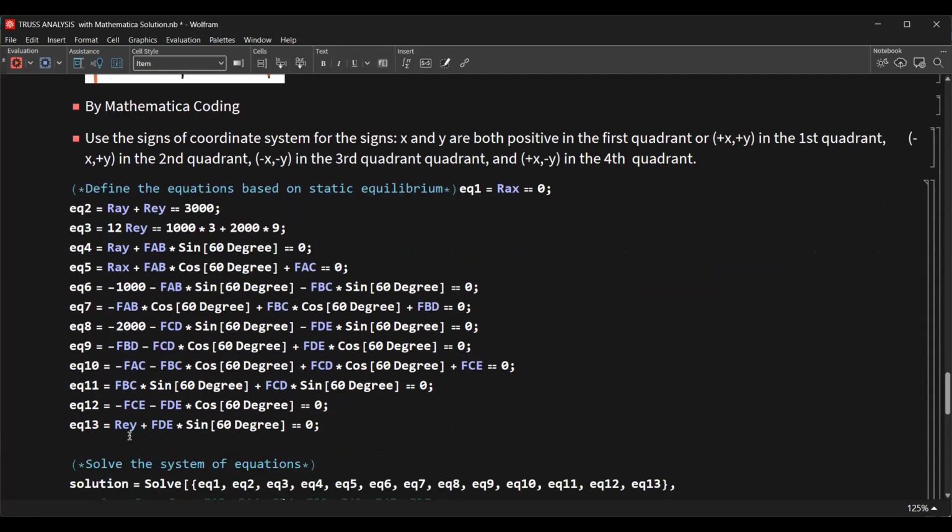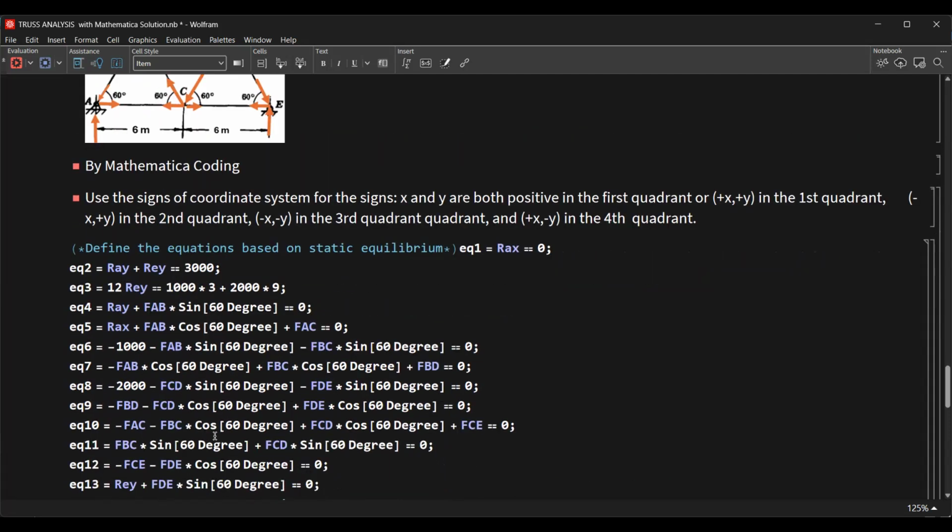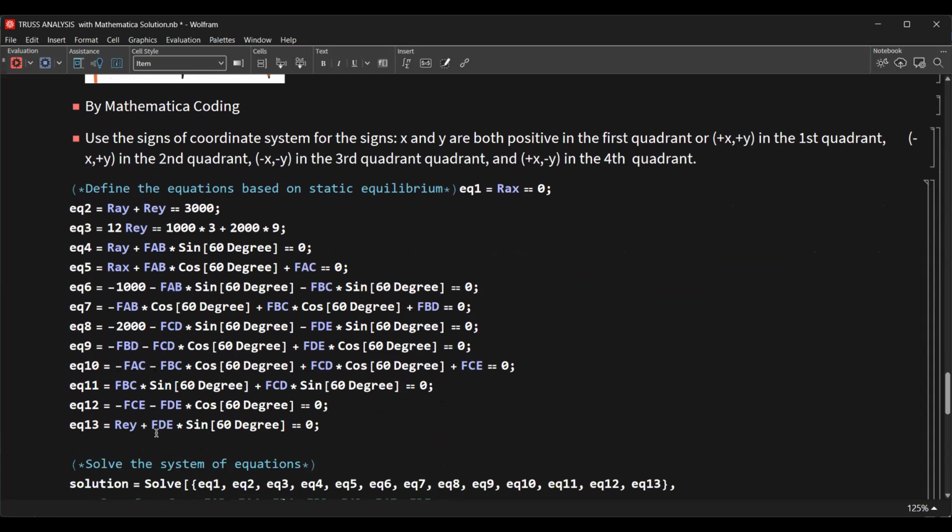Then the reacting force at point A is positive. Then we have FDE, positive also, so that is equal to 0.